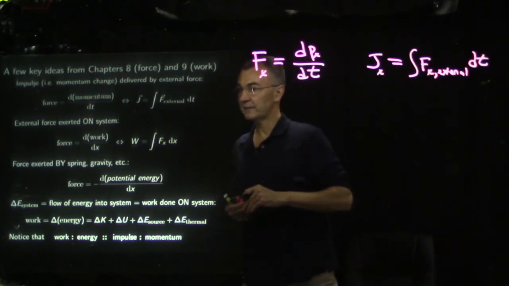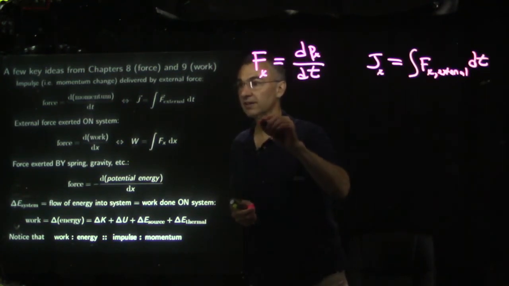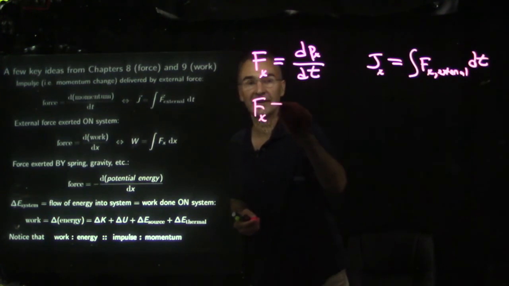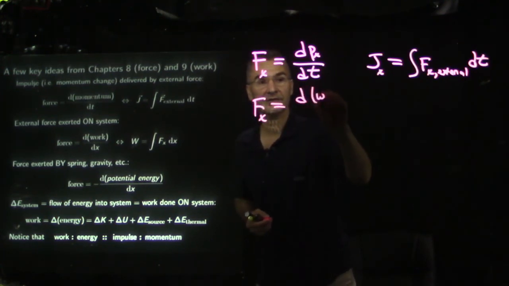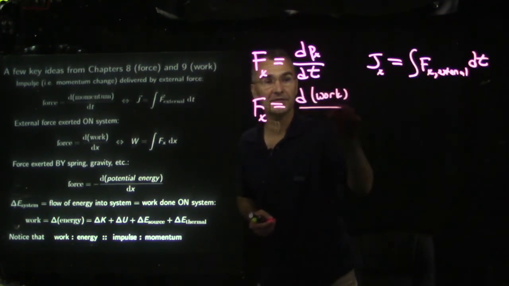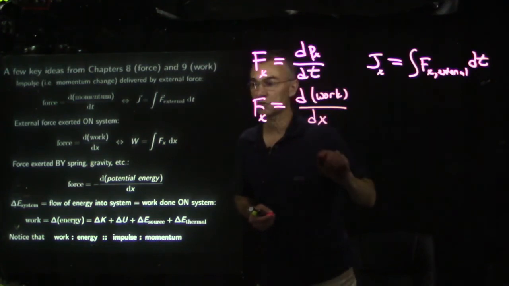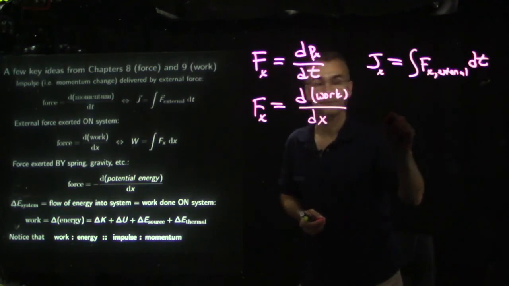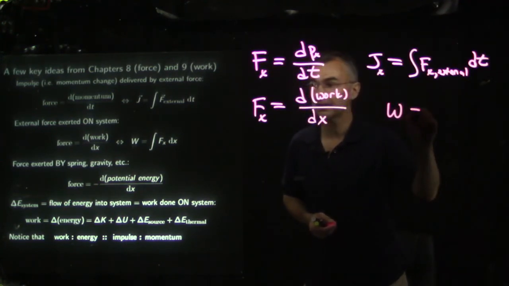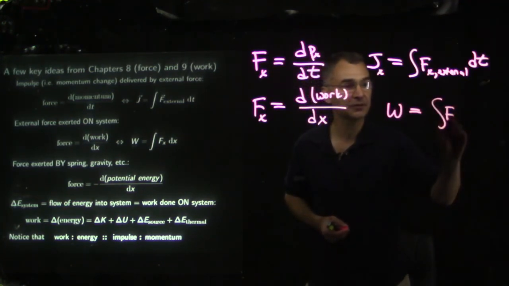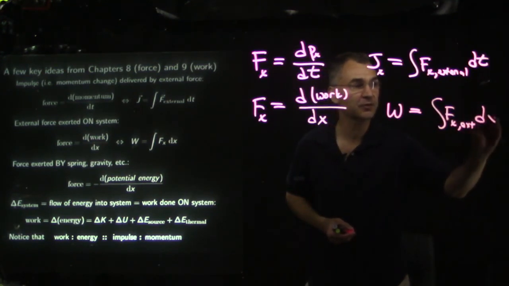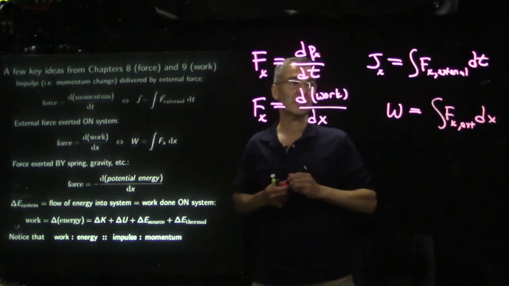By contrast, force in the x direction, let's say, is the derivative with respect to position or displacement of work, and work is the integral of an external force in the x direction with respect to displacement x.